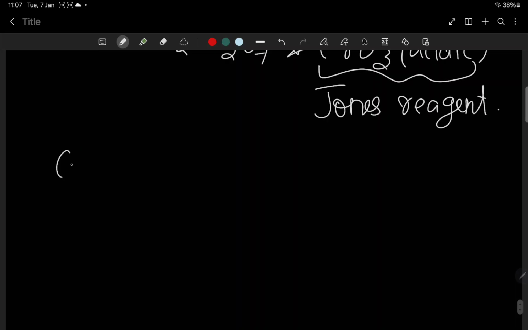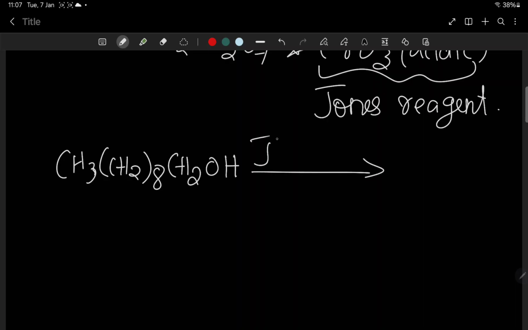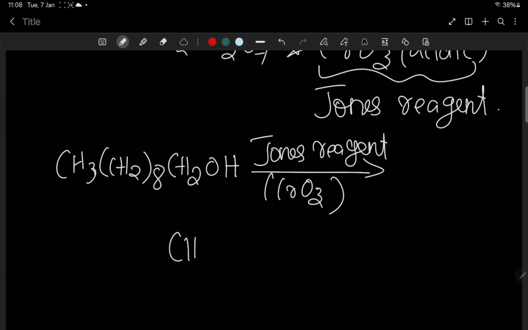I am giving you a question: CH3 (CH2)8 CH2OH, Jones reagent. If this is given, you should know that Jones reagent is CrO3, and accordingly write the answer as CH3 (CH2)8 CH2 COOH. Should understand this and write.